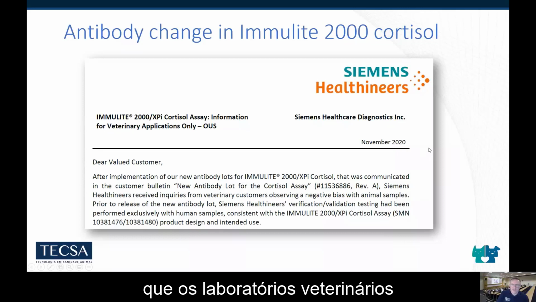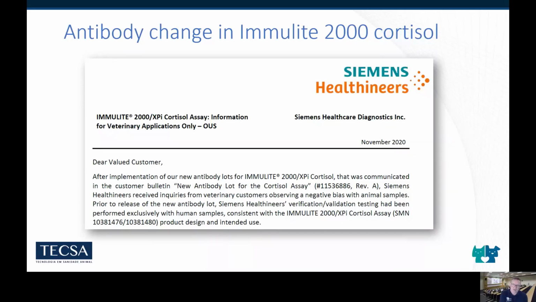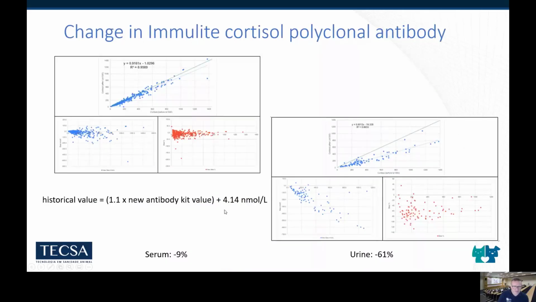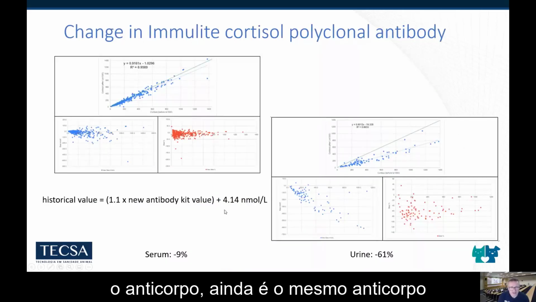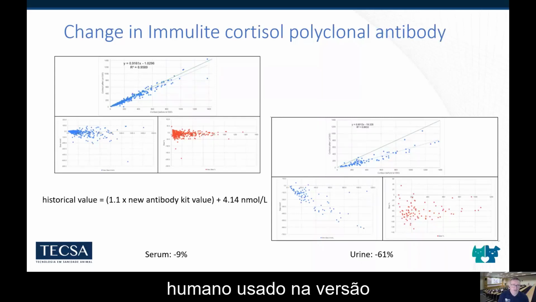So a couple of months later, after the veterinary labs had made it clear that this assay was causing a shift and that might be causing a problem to them, the manufacturer went back, and they didn't change the antibody. It's still the same human antibody, the same antibody that they used in the human version of the kit.